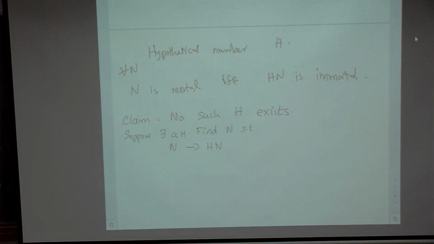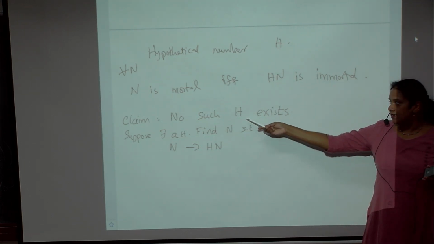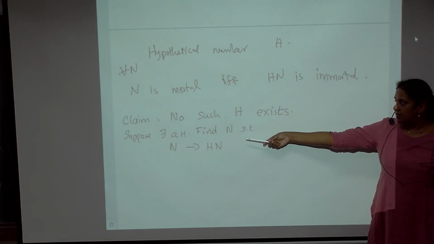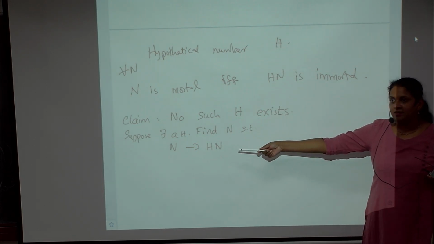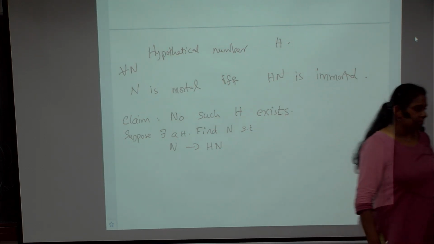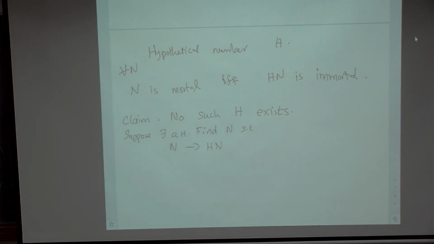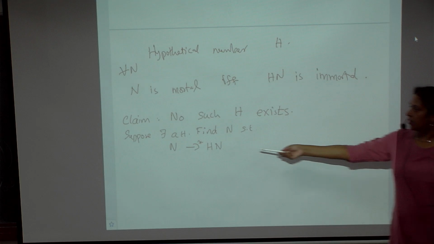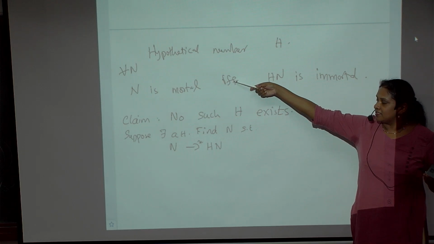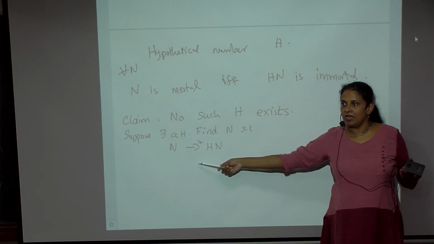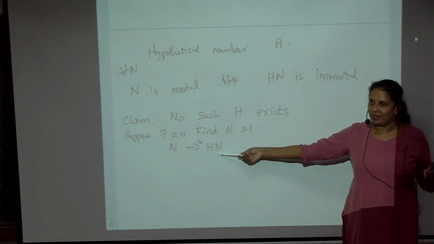So suppose there is such a number h, then your objective is to come up with a number n such that eventually, after some time, maybe not in one step, but after several steps, this n itself will produce hn. And then you are in a contradiction for this statement, right? Because if n was mortal, then this hn is now also mortal.